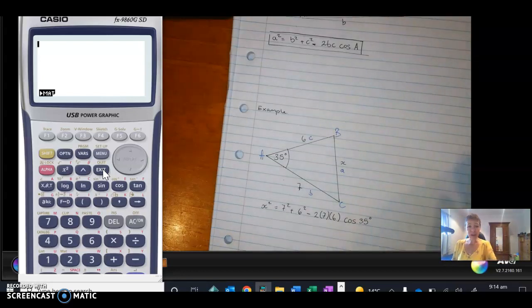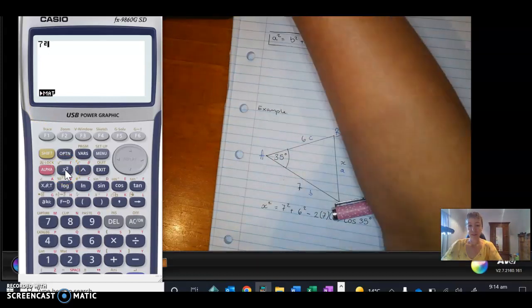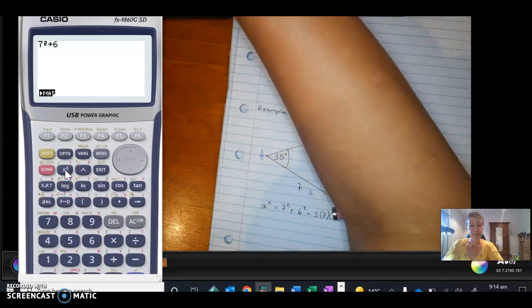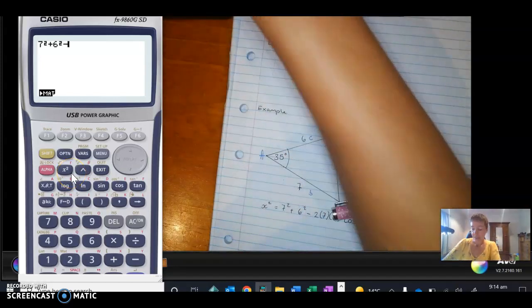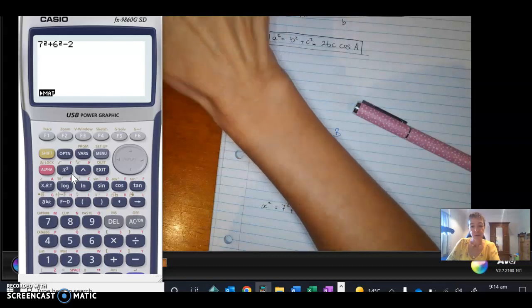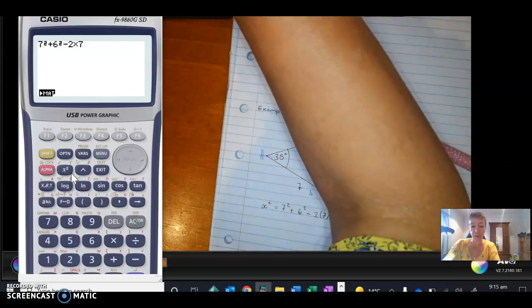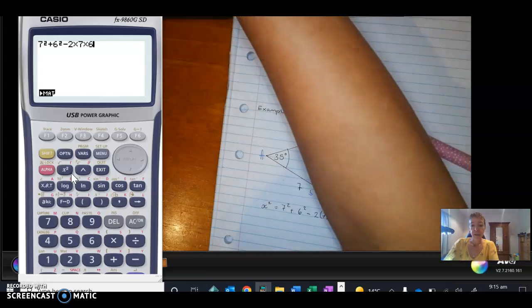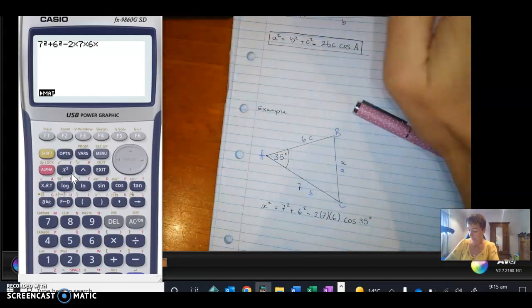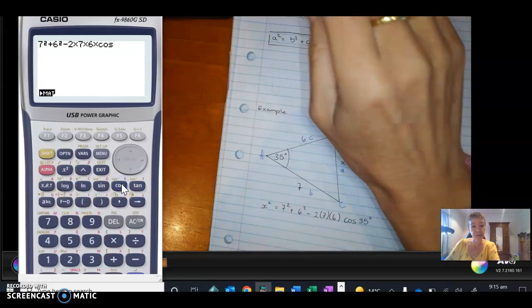Okay, so I just need to put that into my calculator. So 7 squared plus 6 squared minus 2 times, sorry, it's actually quite a pain working on this, times 7 times 6 times cosine of the angle 35 degrees.